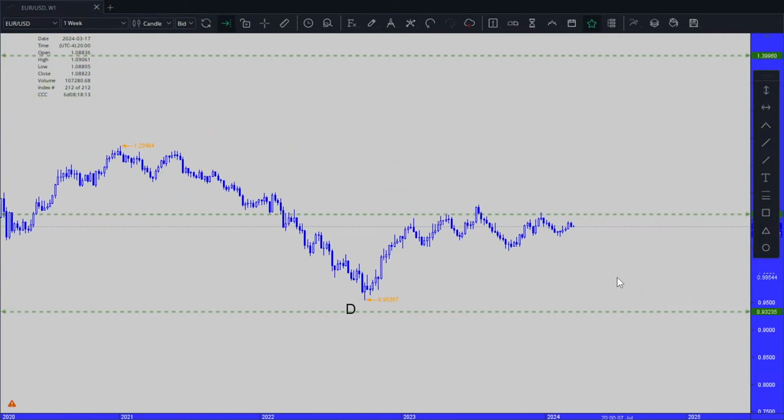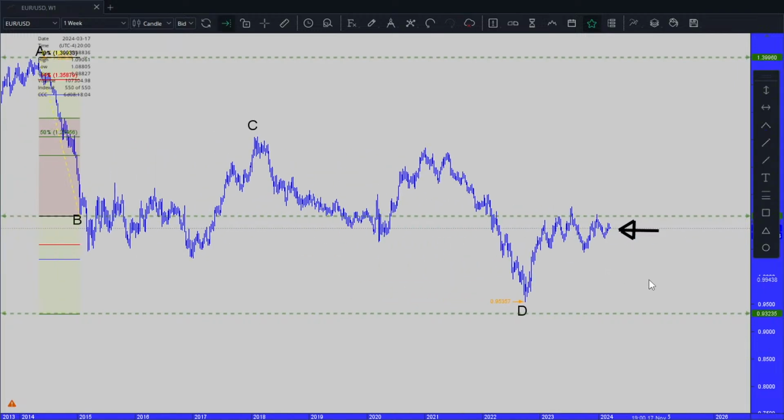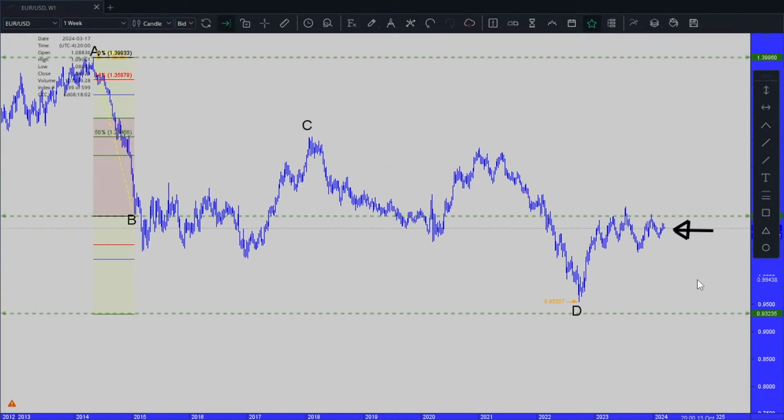Everybody, what do you think is going to happen here 7 times out of 10? Let's make a poll. What do you think is going to happen starting from here? Boss, what time frame? All time frames.